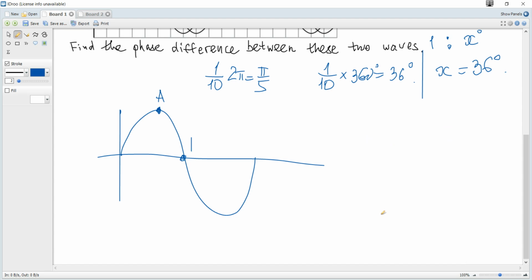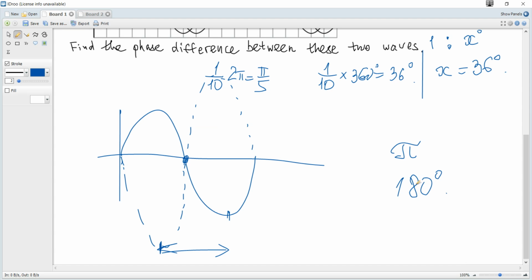Or if there are two waves and they look like this, and you can see that they are shifted by half a wavelength, and hence the phase difference is pi or 180, and we say that these two waves are in antiphase.